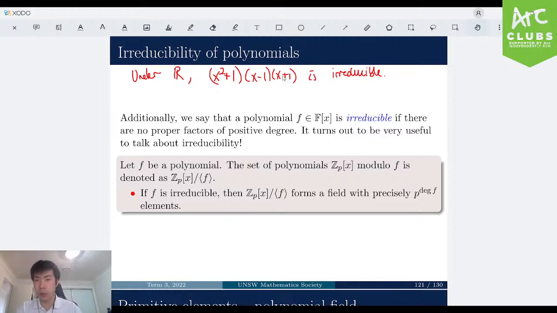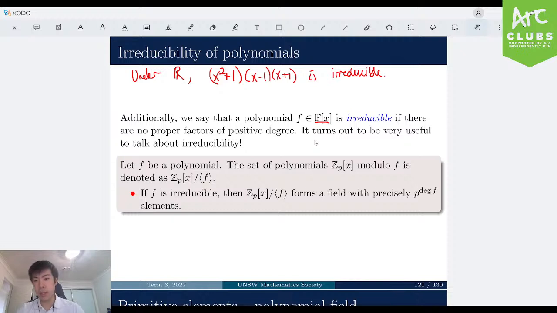Of course, those of you who have learned complex numbers realize that under complex numbers, this isn't irreducible, because I can further reduce x squared plus 1 into x minus i, x plus i. So for whatever field we're working over, irreducibility is essentially a situation where you have factorized a polynomial so much that you can no longer factorize it anymore under that particular field.